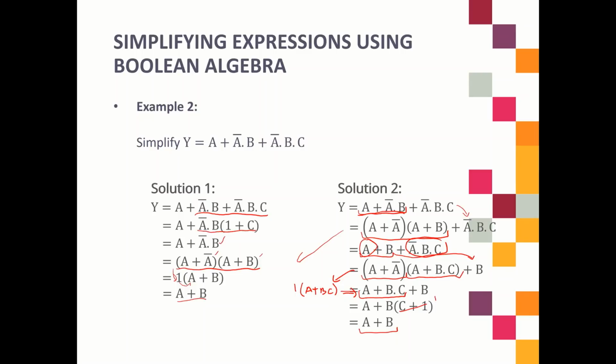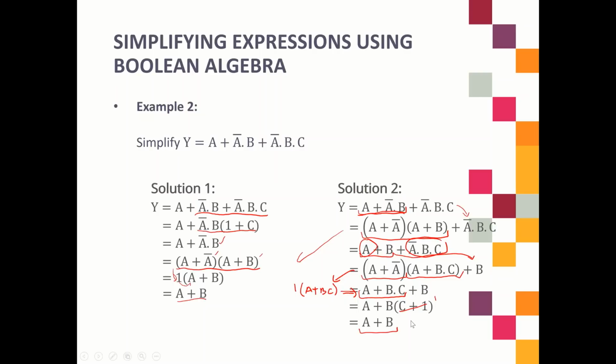So this is the second example. Maybe you have another solution, so it's okay, you can apply whatever step, whatever solution here, as long as you apply the correct theorems, and then you will get the correct answer. So that is for the second example.